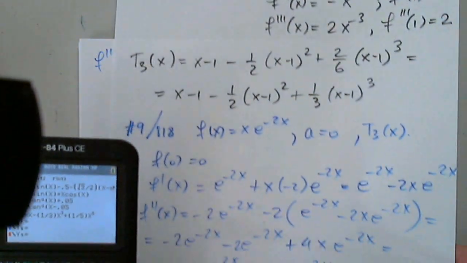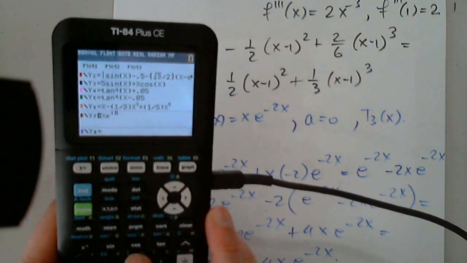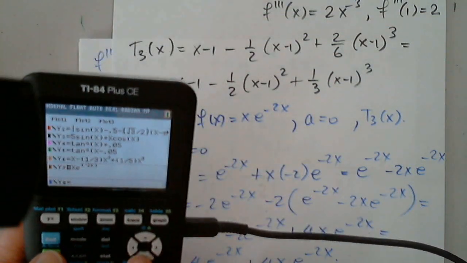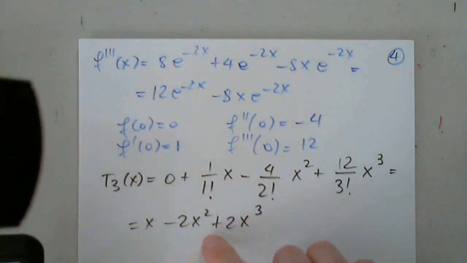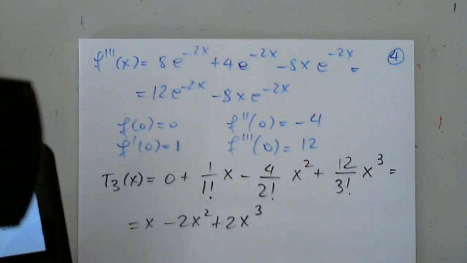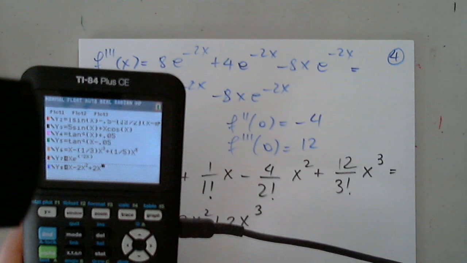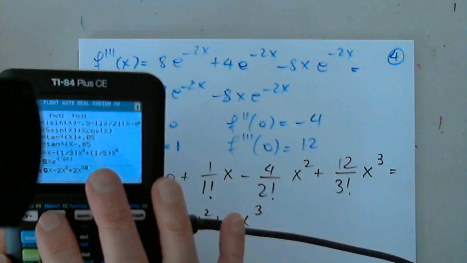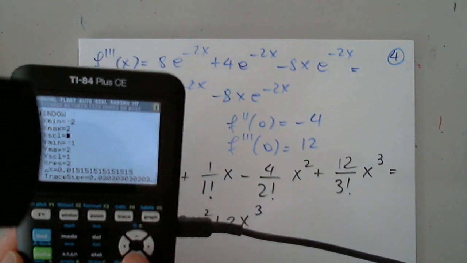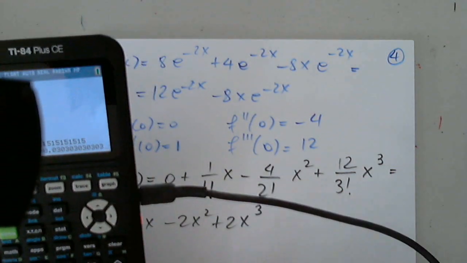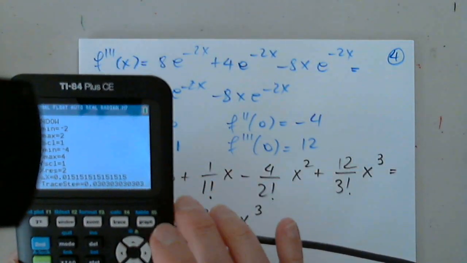So the function was x e to negative 2x, and the Taylor polynomial of degree 3, x minus 2x squared plus 2x cubed, and the viewing window, negative 2 to 2 with a scale of 1, y minimum negative 4 to maximum 4 with a scale of 1. Let's see what happens.